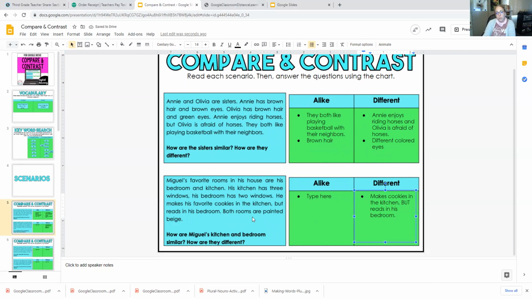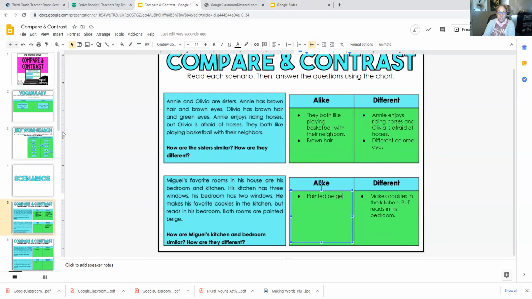Any other clue words that you see? I see the word both. Both rooms are painted beige. Anything else? Let's look. I think that's about it.